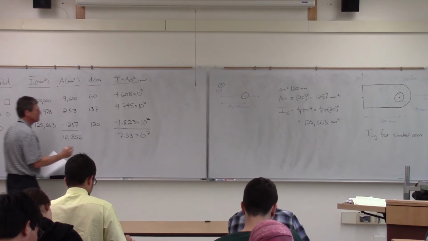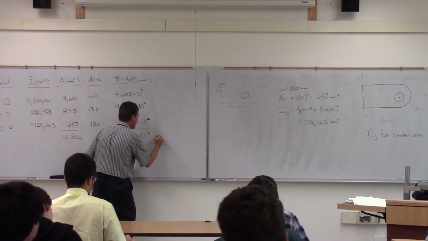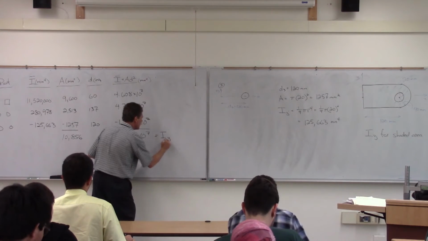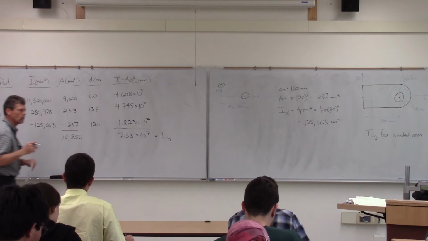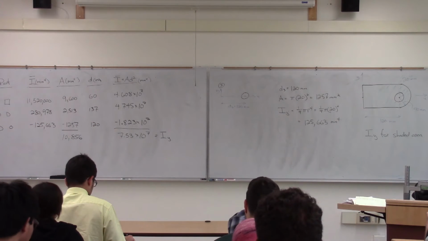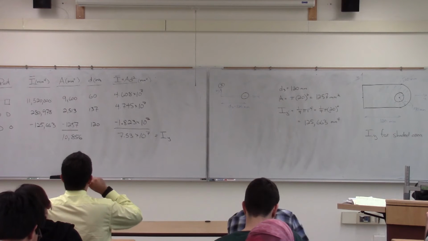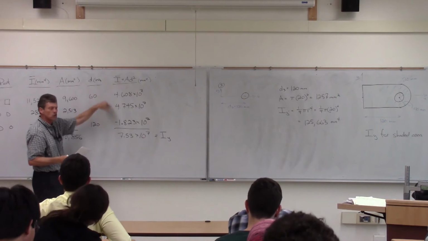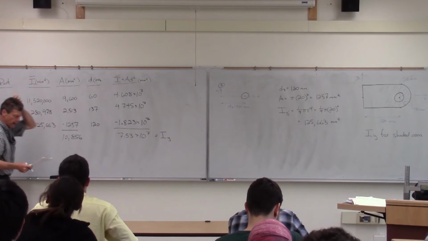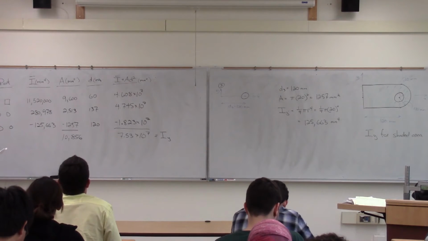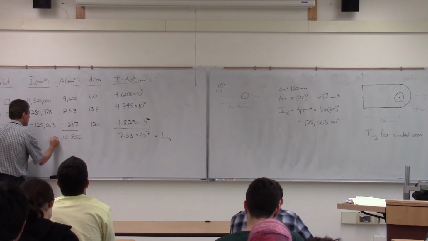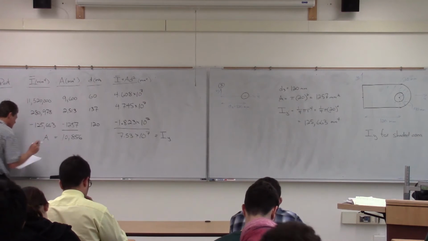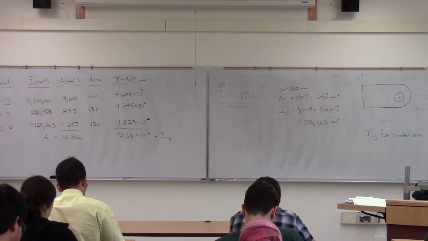So our I y for that particular section, now notice how much bigger that is than any of those individually there. But when we add them up, and then area going to be equal to that particular piece there.